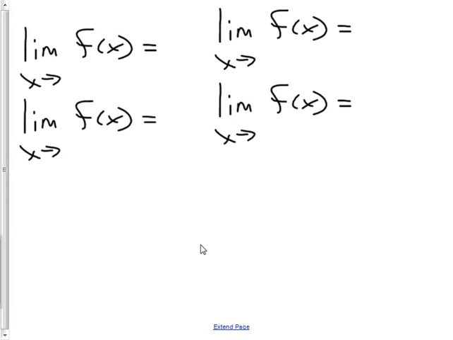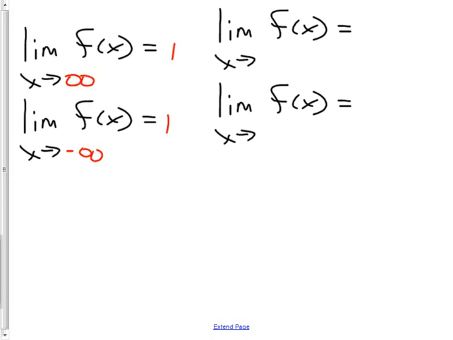Okay. So here are my limits. The limit as x approaches infinity is 1. The limit as x approaches negative infinity is 1.